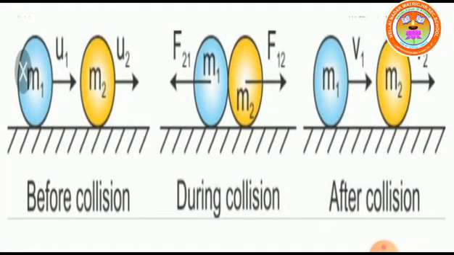Proof. Let two bodies A and B having the masses m1 and m2 move with the initial velocity u1 and u2 in a straight line.